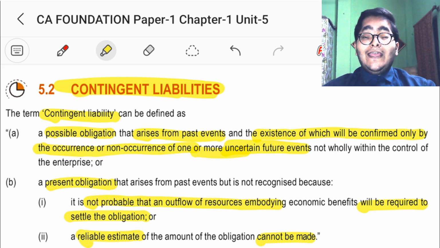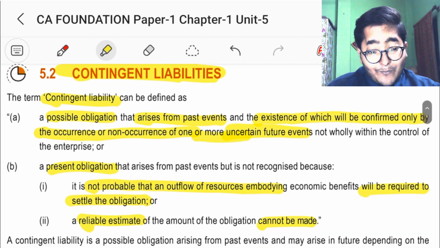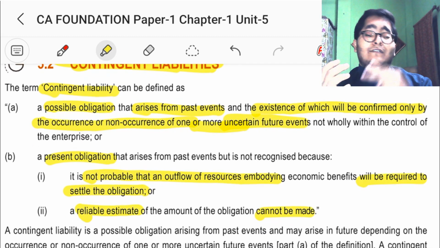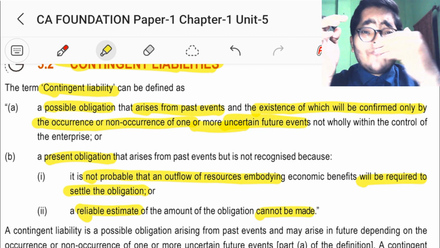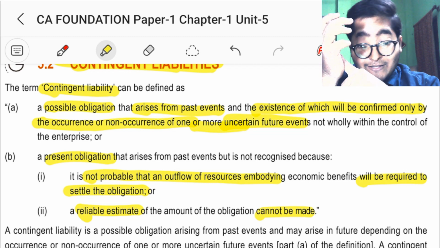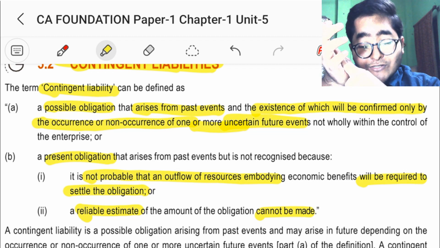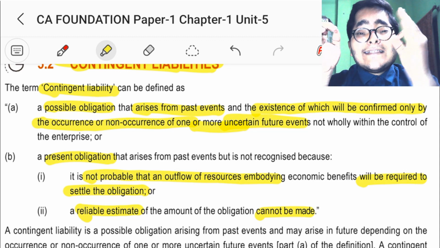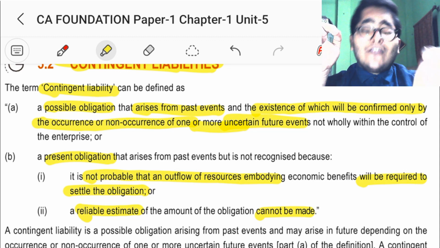Contingent liability is also that present obligation whose outflow of resources is not certain, or it is uncertain that there would be any outflow of resources to settle the obligation. Number two, a reliable estimate of the liability cannot be made.